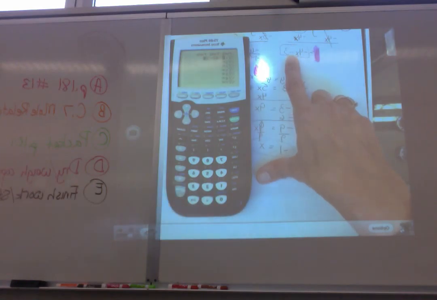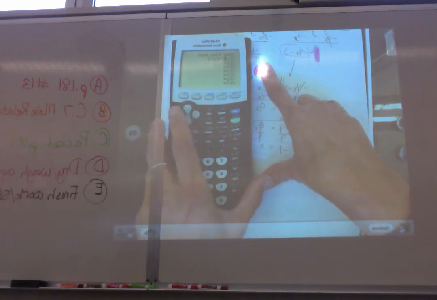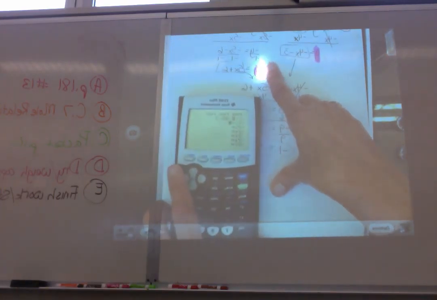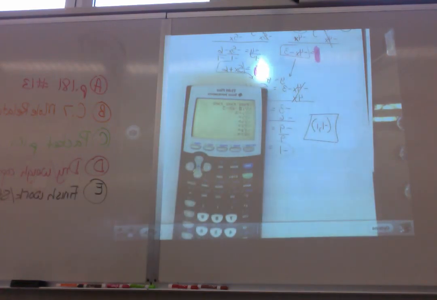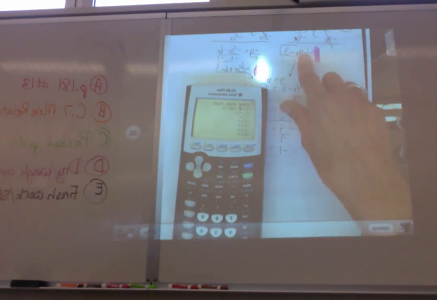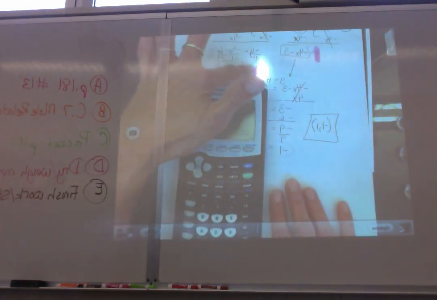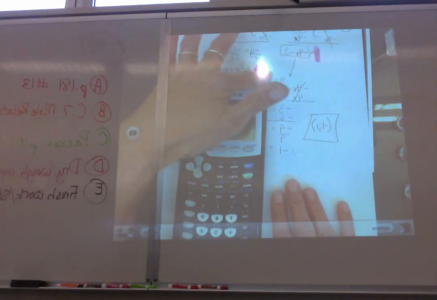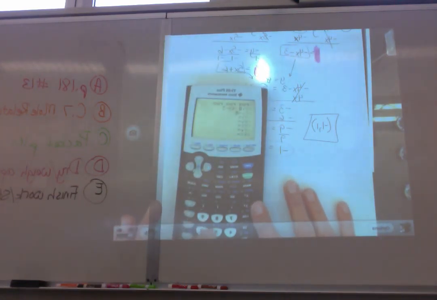The subtract and the negative are different buttons. Here's subtract, here's the negative. Now I'm going to go down to y2. Sam, what am I going to type into y2? Negative 1. Try again. I just typed in 5x plus 6. Awesome. The buddy to that, or the second equation in our system, is 5x add 6.